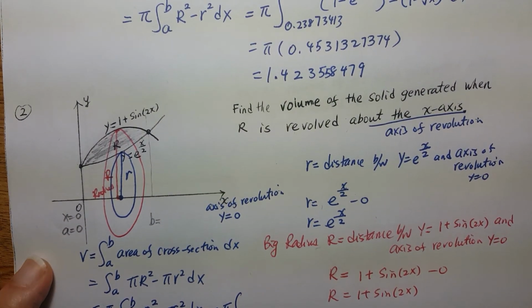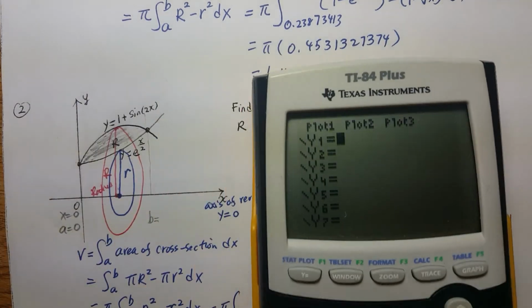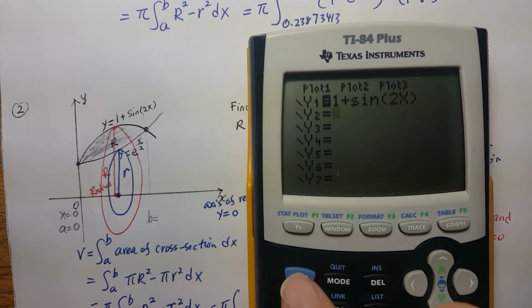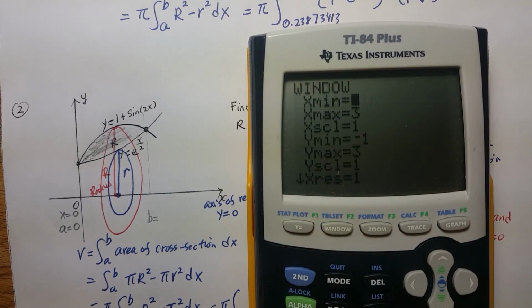So we need to use our calculator to find the intersection. We're going to type in 1 plus sine 2x and e to the x over 2. My window is 0 to 3, negative 1 to 3, which is good enough.